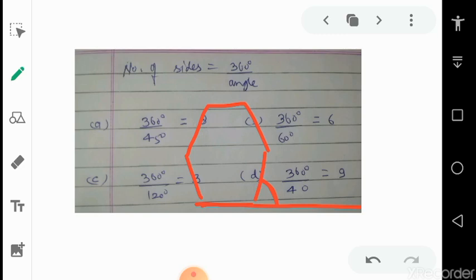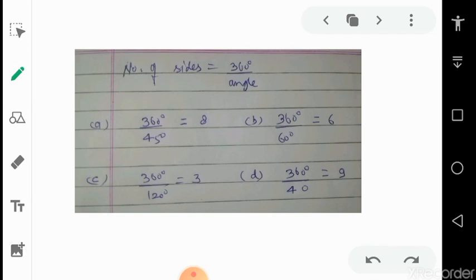So this is the exterior angle, and we know that the interior angle of a hexagon is 120 degrees. Obviously, by the property of linear pair, the exterior angle will be 60 degrees. Okay, so in this way we can understand. You can also draw the geometrical shapes and can understand the concept of interior and exterior angles.